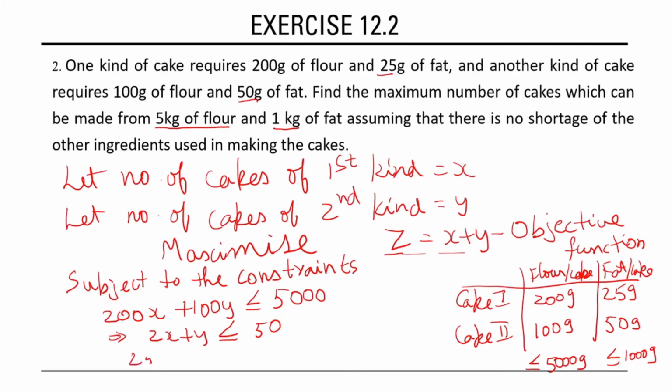So we have 25x plus 50y less than or equal to 1000. Or we can simplify this as x plus 2y less than or equal to 40. So this is 1, this is 2.